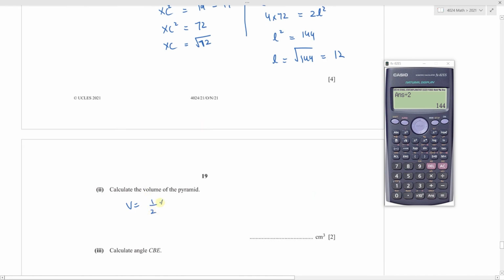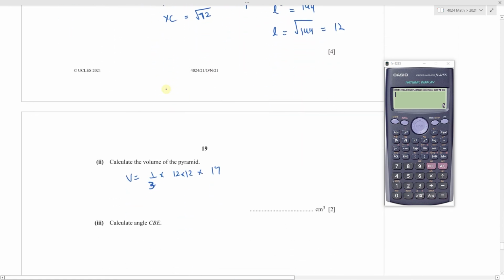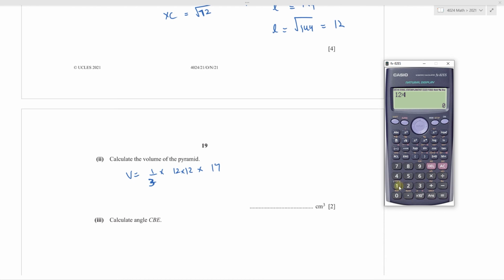So volume is 1 over 3 times base area, 12 times 12, times height, 17. So 12 times 12 times 17, and then divided by 3. So this is 816 centimeters cubed.